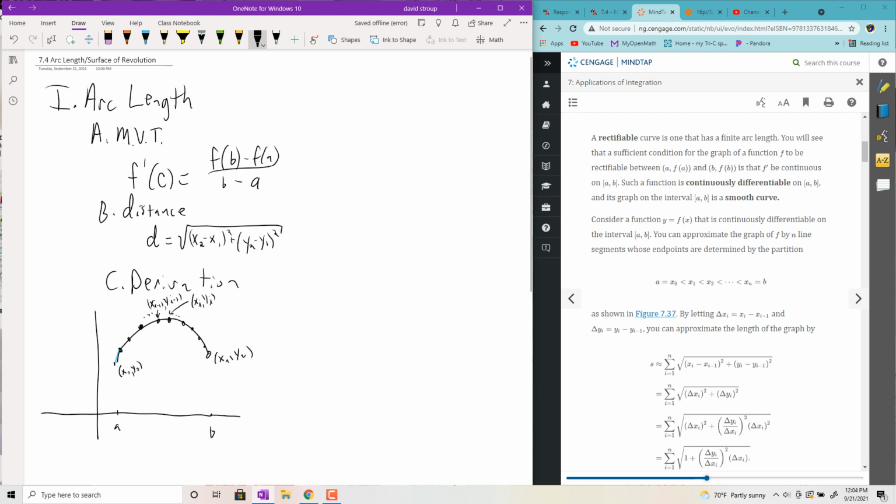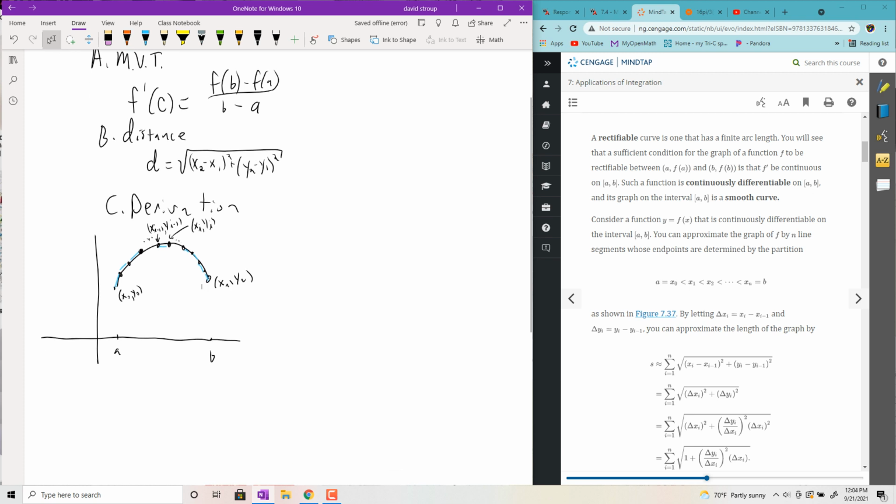What we're going to try to do is create a Riemann sum that we could take the limit of, and then we'll get an integral out of it. Okay, so that's the picture.